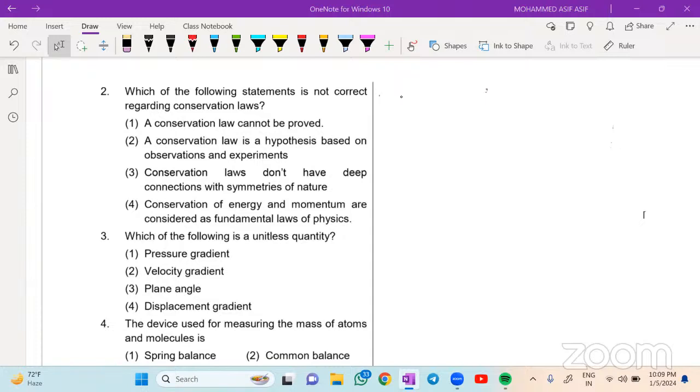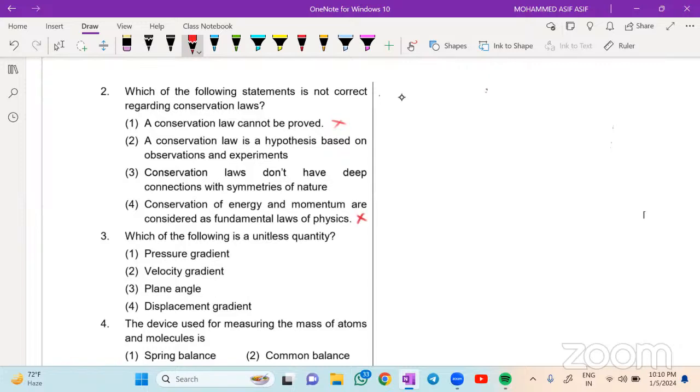Conservation law cannot be proved. Not correct. It can be proved, beta. This one is wrong. Conservation law is hypothesis based on observations and experiments. Conservation law does not have any deep connection with symmetries of nature. Conservation of energy and momentum are considered as the fundamental laws of physics. No, this is not a fundamental law.